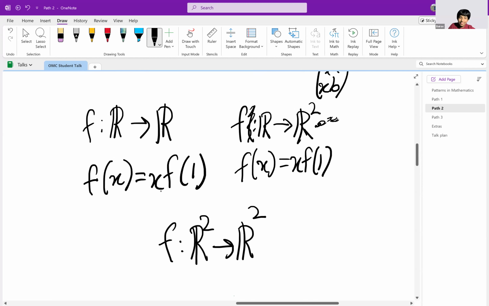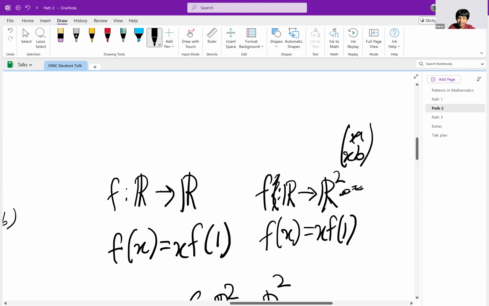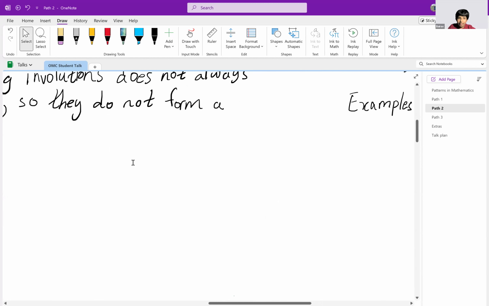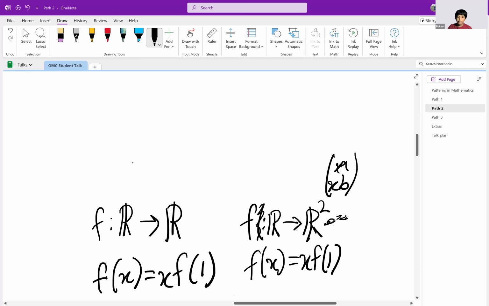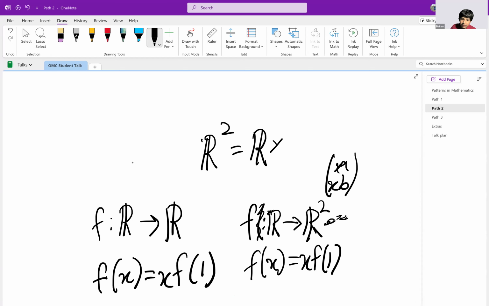Oh no, sorry, I didn't mean like that. I meant R squared as in R cross R, which is just the set of all pairs of real numbers. So two-dimensional vectors.